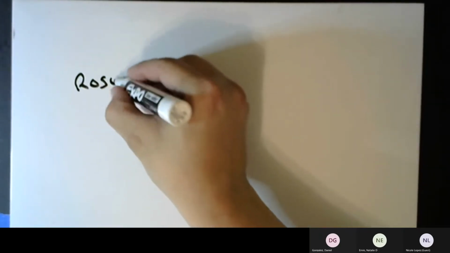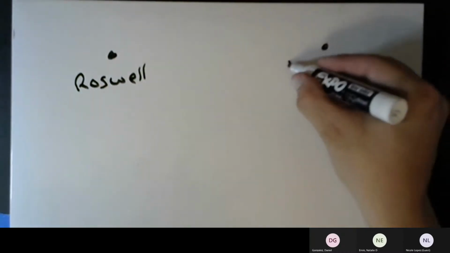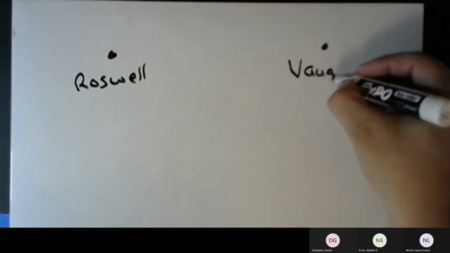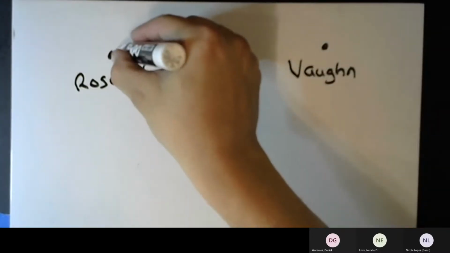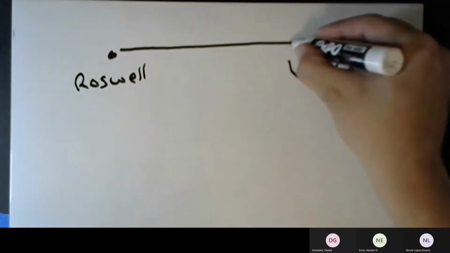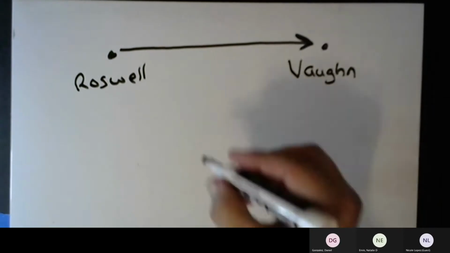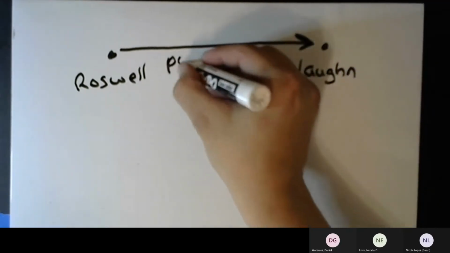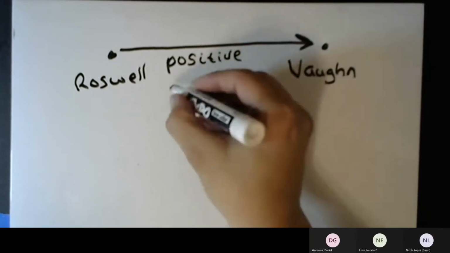Let's say you have a friend in Vaughn, you're in Roswell. And when you're going from Roswell to Vaughn, we might call this a positive displacement.